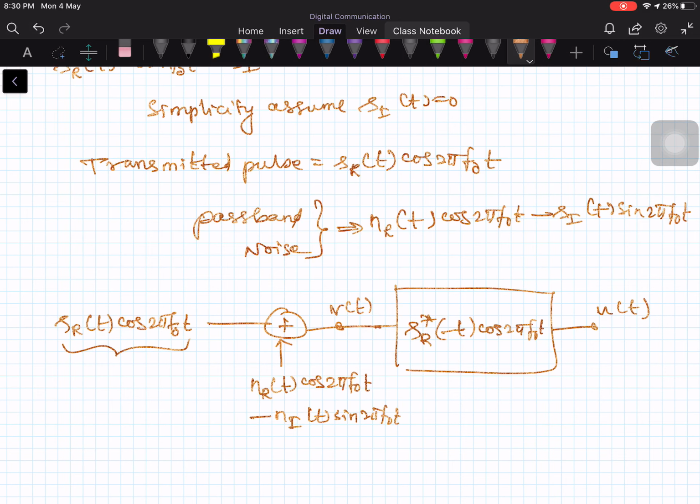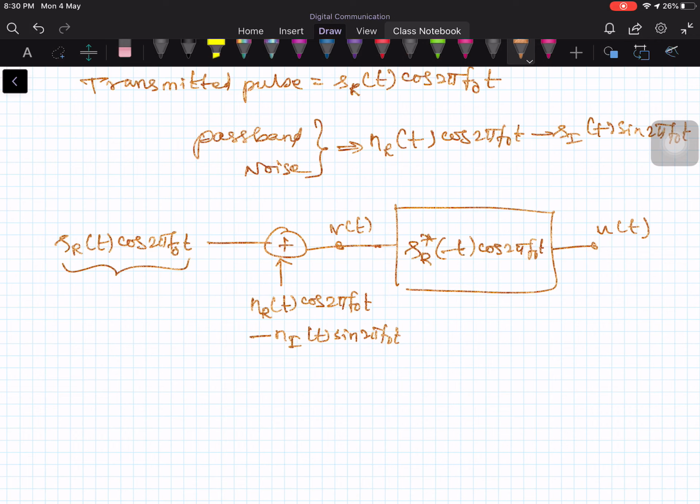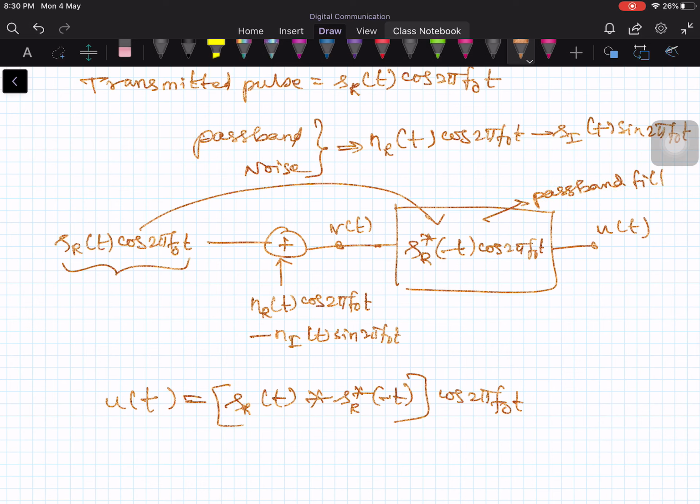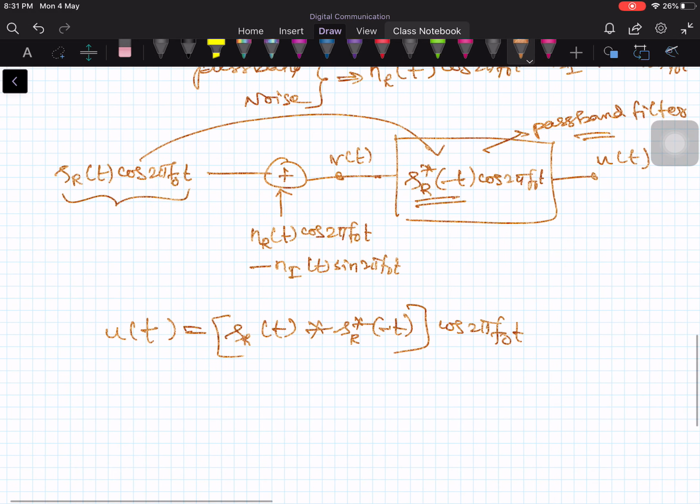Now let me write down the output expression. What do you think the output expression is going to be? u of t is going to be, first of all, convolved in the time domain: s sub r of t convolved with s sub r conjugate of minus t, the whole thing multiplied by cos of 2 pi f naught t. First of all, this is a passband filter actually, a passband filter with impulse response s sub r of minus t. Okay, so this is the signal part.